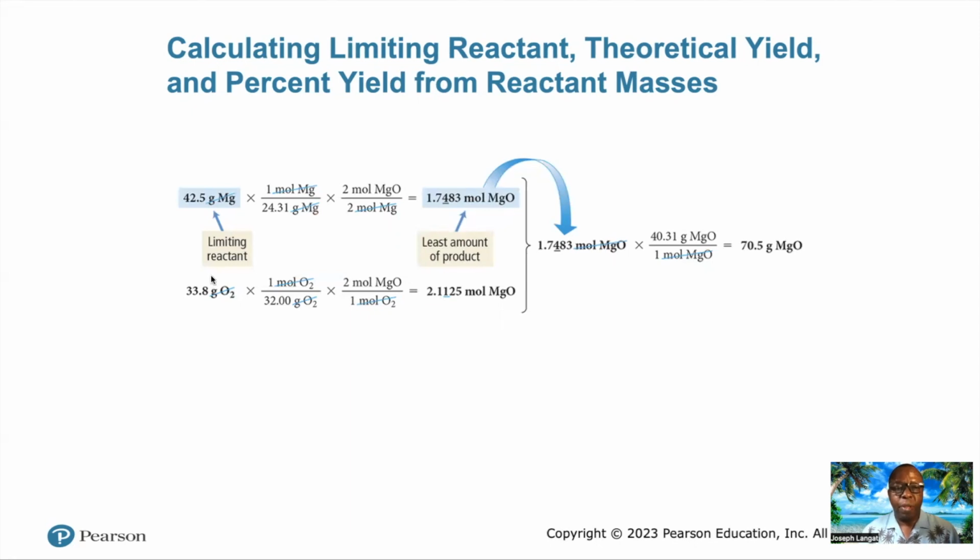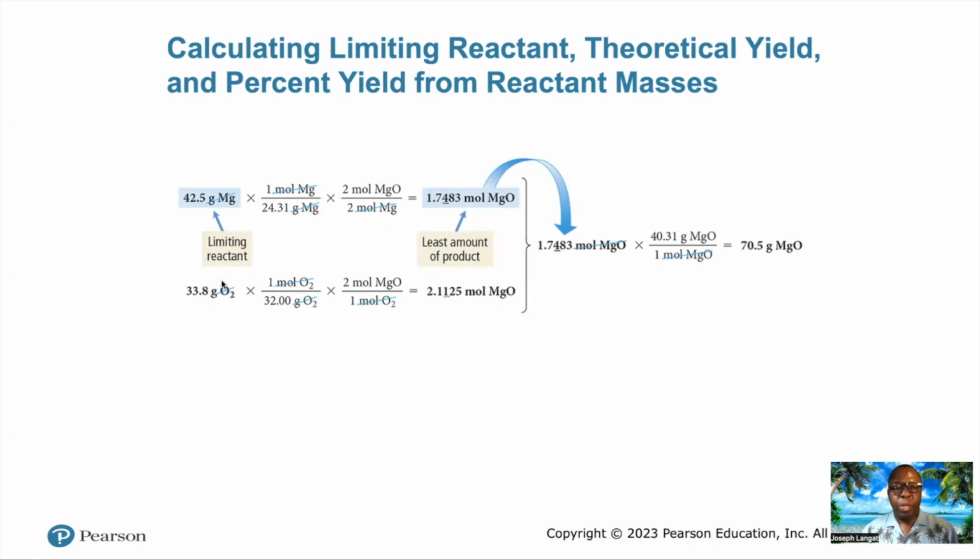Clearly, even though this one is present in small amount, it turns out that it is the excess reagent. Look at how many moles we expect if all these 33.8 grams of oxygen are consumed. So this is our limiting reagent. And if you look, it's present in large amount with respect to the mass, 33.8.